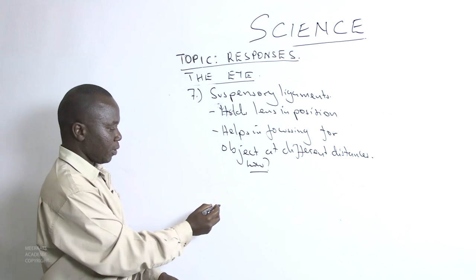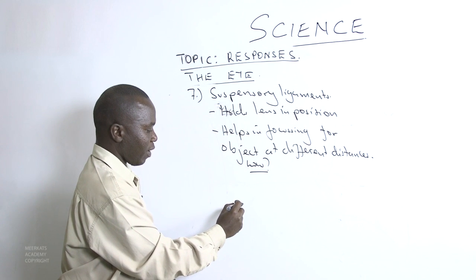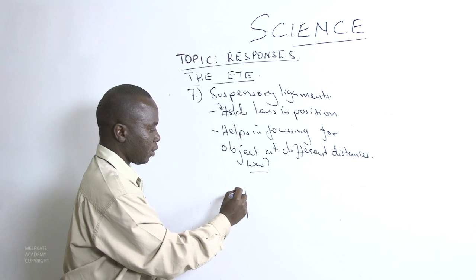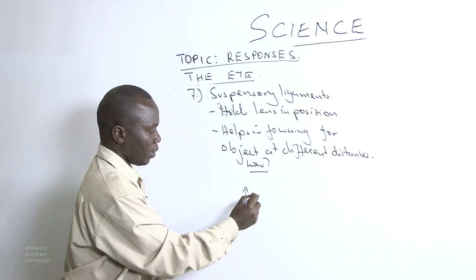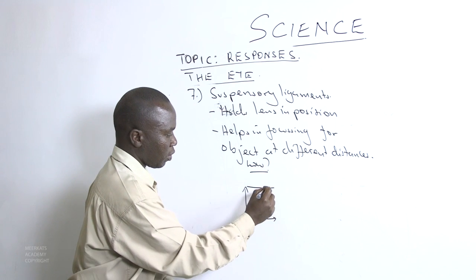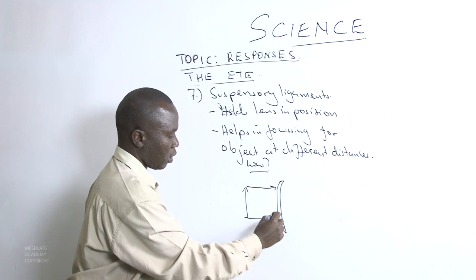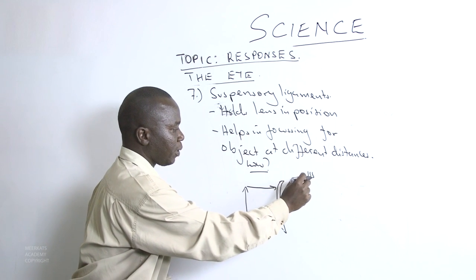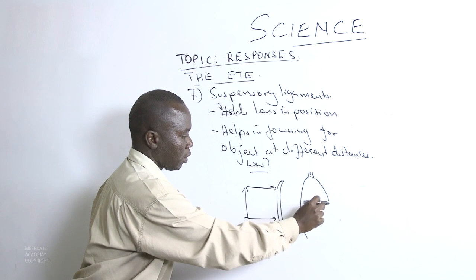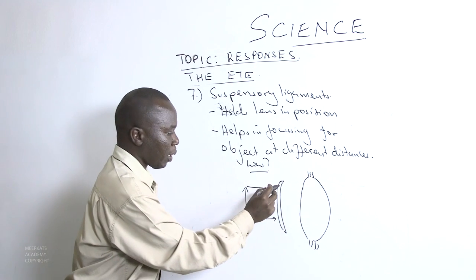We have said, for example, let me use a diagram. We have an object that's very close to the eye. Light will reach the cornea, but now we have the suspensory ligament holding the lens. So what will happen?